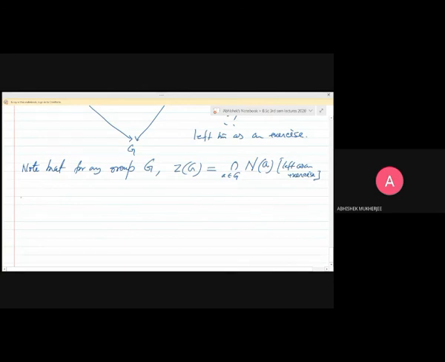Secondly, the problem is to show that the center of S3 is trivial.